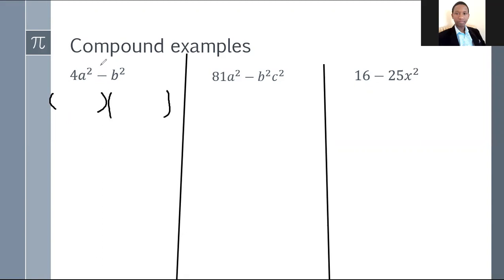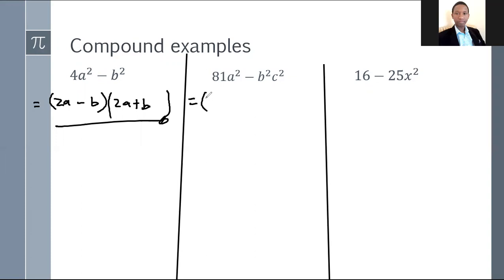It's a binomial here. And we can see that the numbers or variables involved are perfect squares. So the square root of 4, for example, is 2. The square root of a squared is a. Minus, that's a b. So 2a, I must have the opposite sign. So this is plus b. Done.